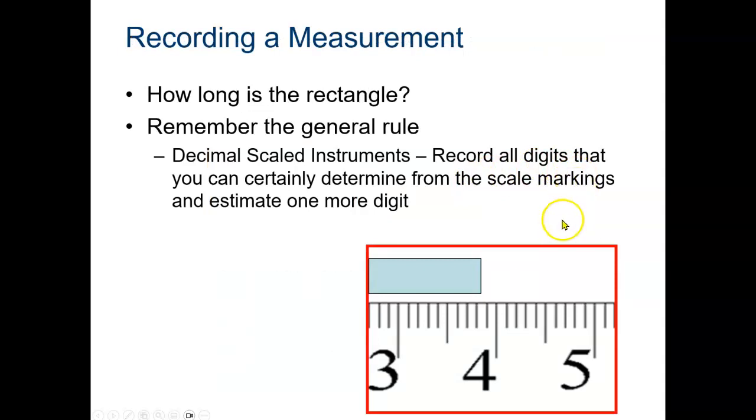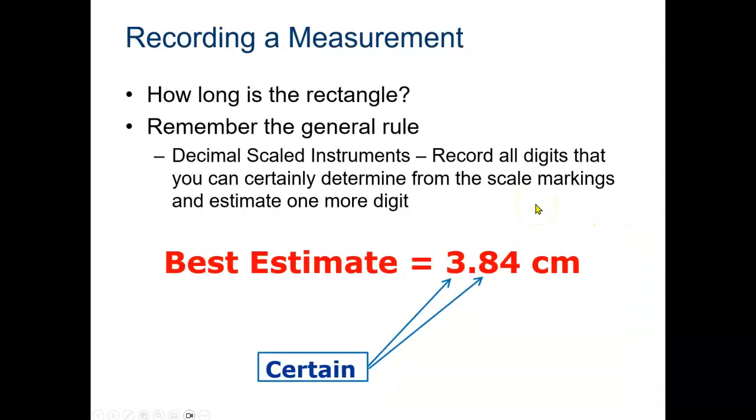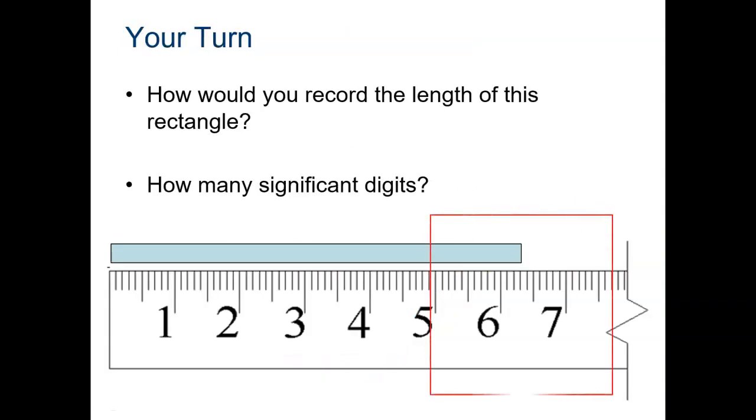Decimal scaled instruments record all digits that you can certainly determine from the scale markings and estimate one more digit. So I'd be fine if you told me 3.8, but in reality, if you were taking a test, you'd have to estimate to like 3.84, 3.83. So we certainly know that it's 3.8, and there's a level of uncertainty making it 3.84.